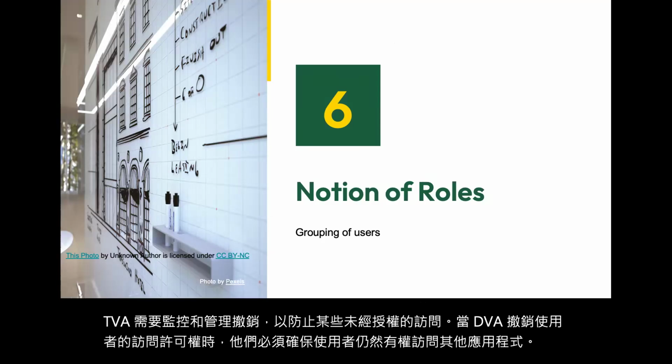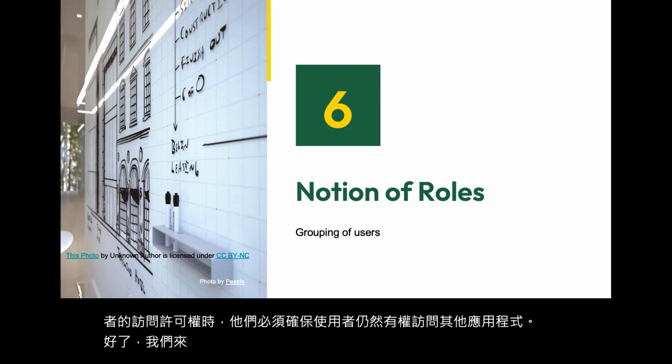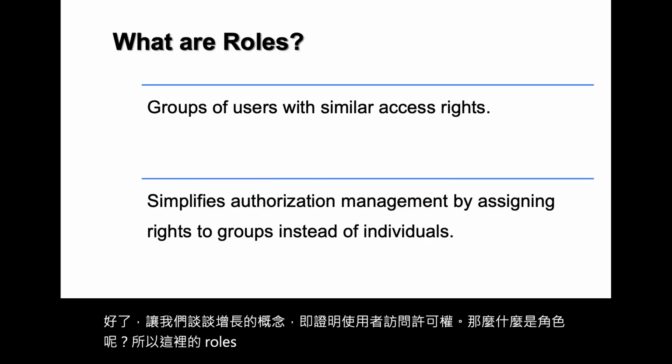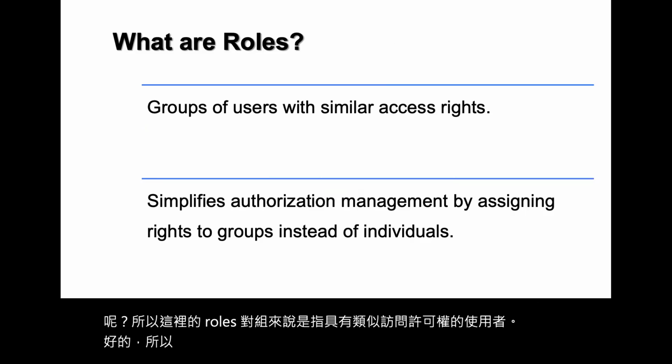All right, so let's talk about the notion of roles, which means proving the user's access. So what are roles? Roles mean grouping the users with similar access rights. A role is a way to group the users who need the same level of access to the database.